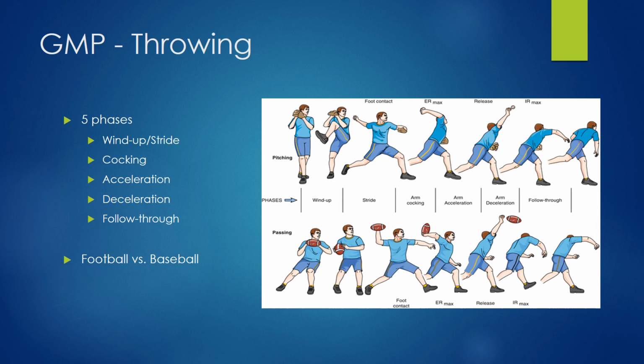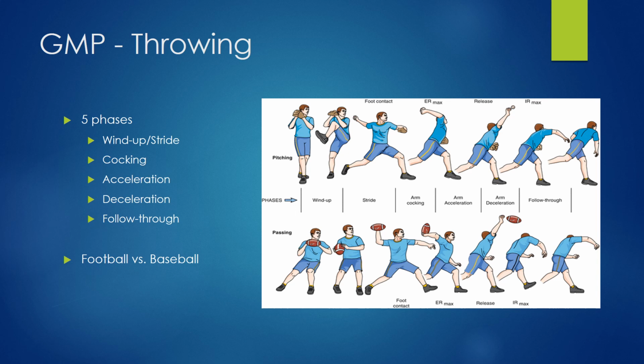So, as I mentioned, the motor skill that I will use to demonstrate this GMP is throwing a football versus throwing a baseball. The first video on the next slide will be of my friend, Lieutenant Early, throwing a football. And the next video after that will be my friend, Lieutenant Diaz, throwing a baseball.